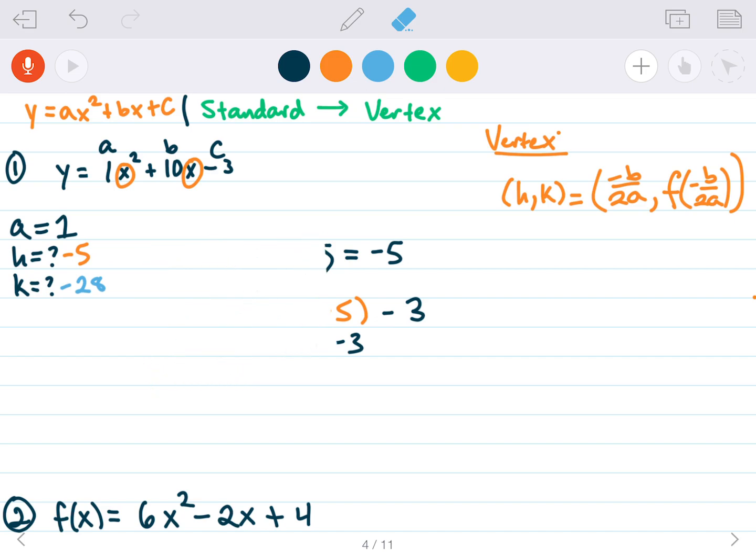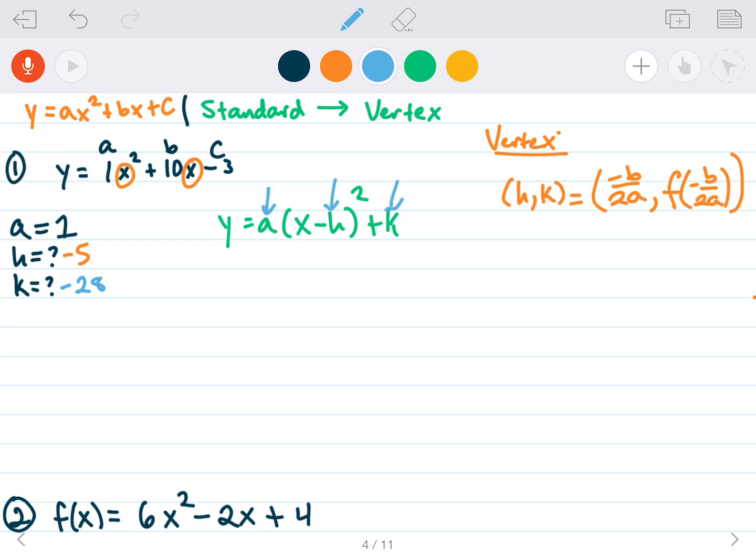So again, vertex form is y equals a times x minus h squared plus k, and we're just replacing a, h, and k. A, we already knew, a is the same as in standard form, so our answer is going to be y equals 1, which I don't have to write, x minus a negative 5 becomes a positive 5, squared, plus k.